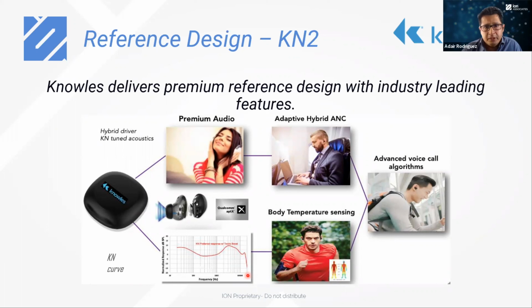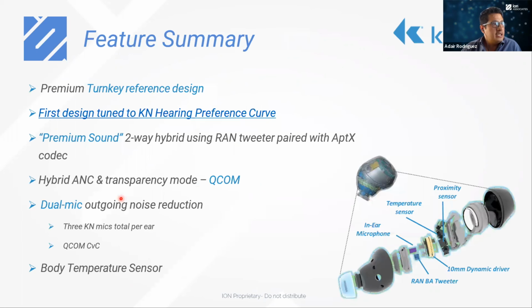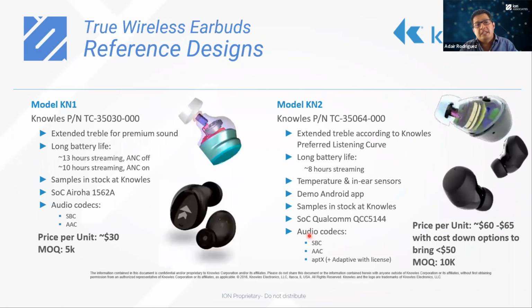Also, in order to help the customers in the development, we have some design references. In this case, the KN2, which is a design reference that the designer can use in order to facilitate or to reduce the time to market development. This is the second generation.